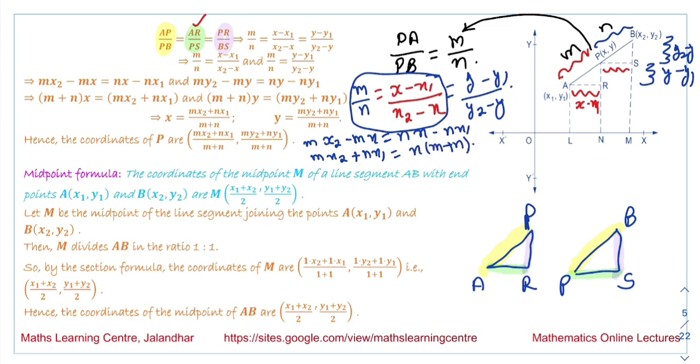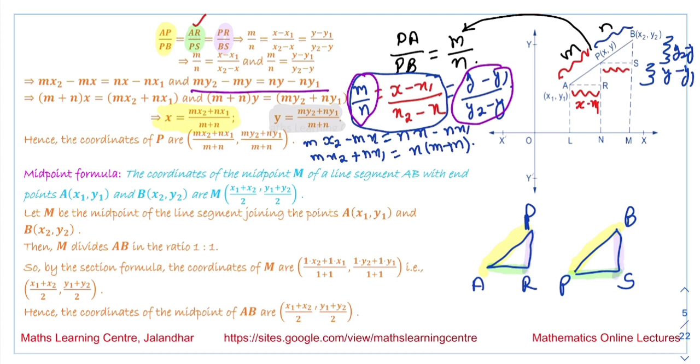This gives us the value of x as m into x2 plus n into x1 over m plus n. Similarly, considering the first equation and the last equation, on solving you will get the value of y, which is m into y2 plus n into y1.